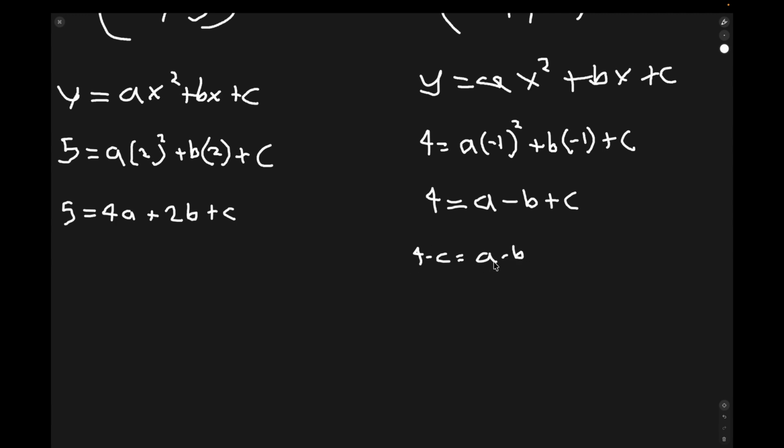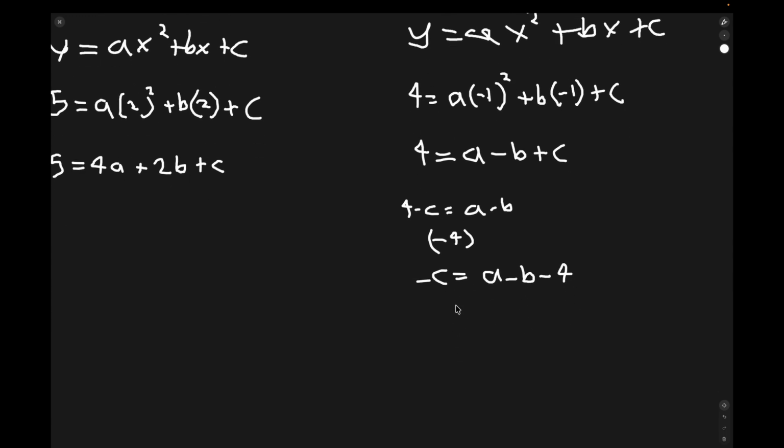Then we minus 4 from both sides, so negative c equals a minus b minus 4. Now, times both sides by -1 to give us c. It's going to equal -a plus b plus 4.